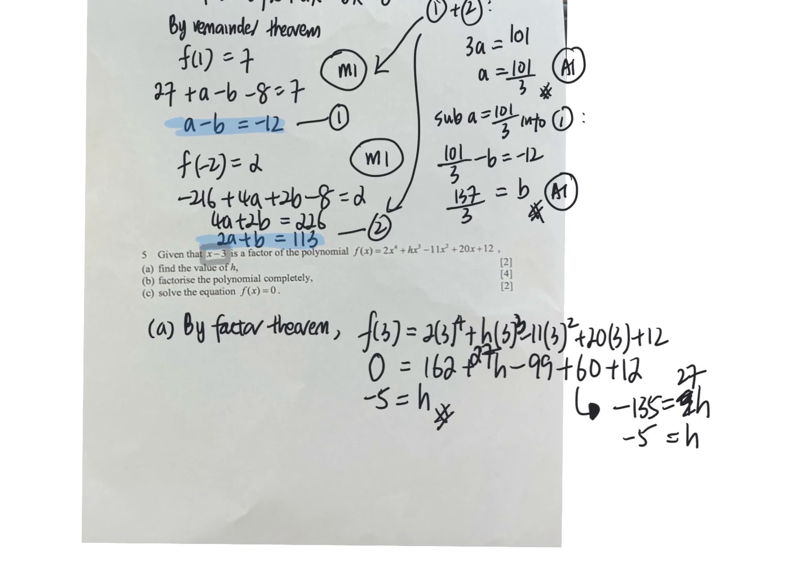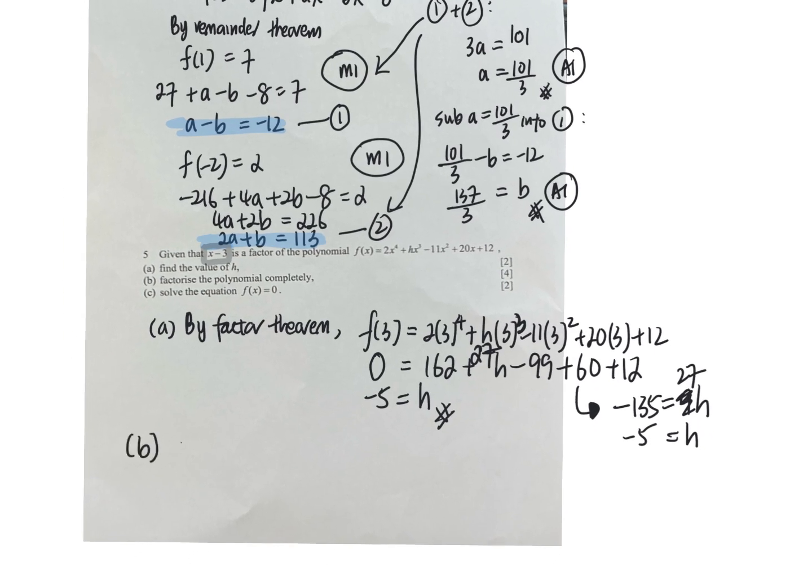Okay, once you solve for this, take note, 2x to the 4 minus 5x cubed. Okay, this is the expression now for f of x. Put in the h. Okay, once you have done that, they say, can you factorize the polynomial completely?